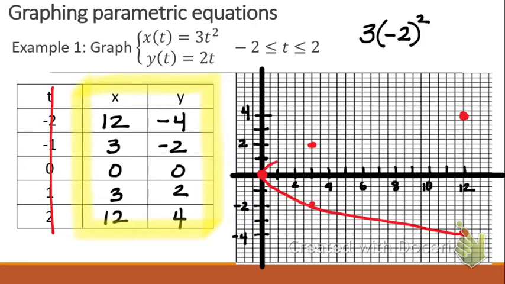So your curve should look like a sideways parabola. Notice I'm not putting arrows at the end of the curve because we're only going from -2 to +2.